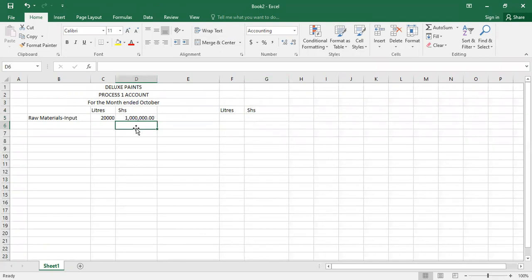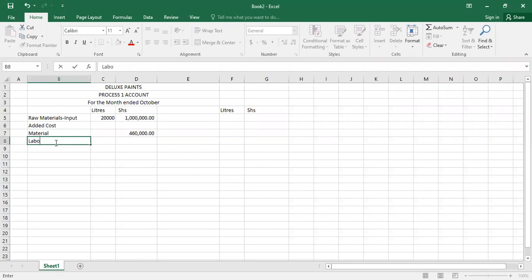So we go on. Then we've been given the added costs. So you're taking them as they are. Give me the added cost. You have the materials. What's the cost? 160,000. Then we have labor, 386.